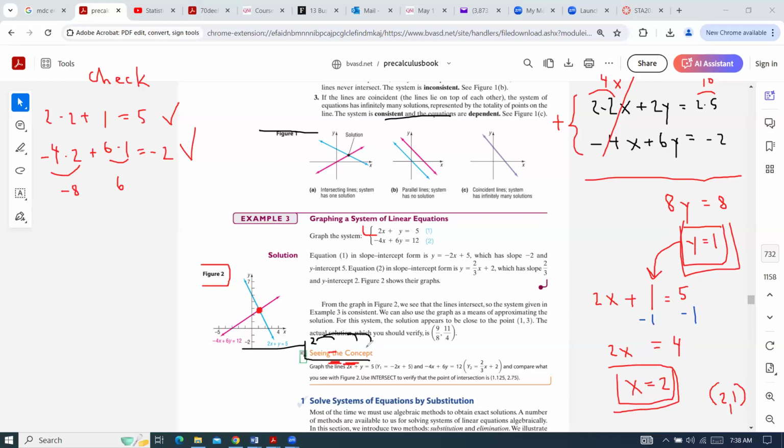And this point is actually the intersection point of these two lines, because its coordinates 2 for x and 1 for y worked in the first equation and in the second equation. So it's a point that is common for both graphs, for both lines. So it is the intersection of those lines.